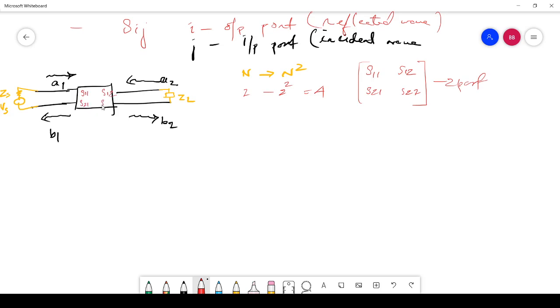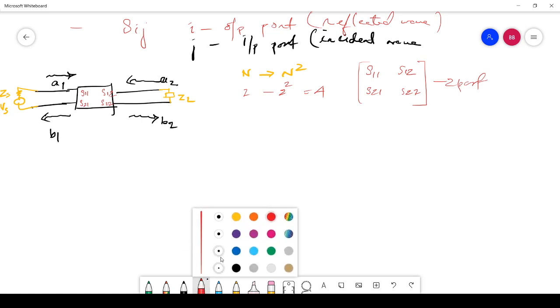Now we have to see individually what these parameters S11, S12 and the others are.